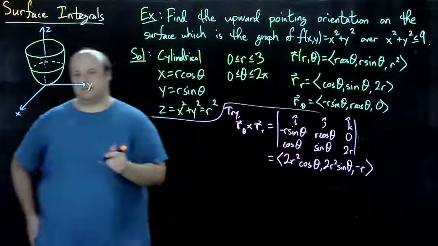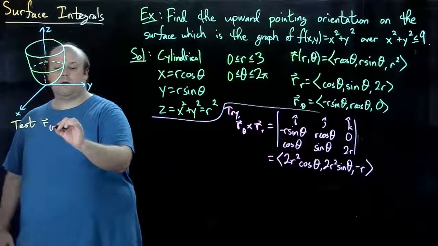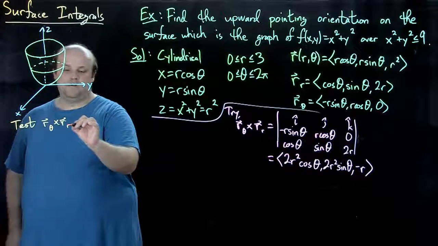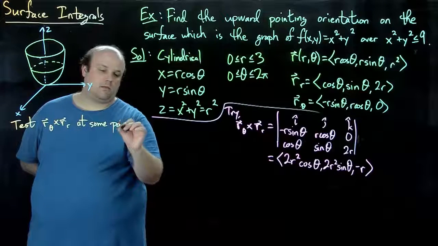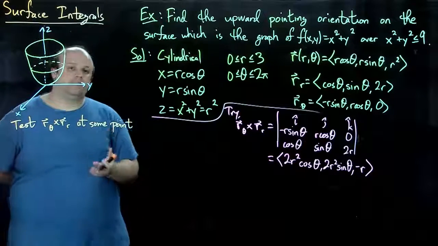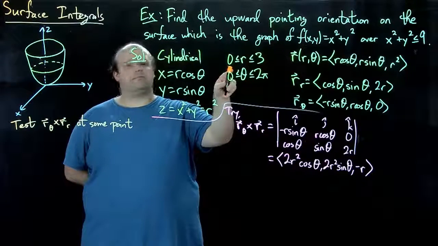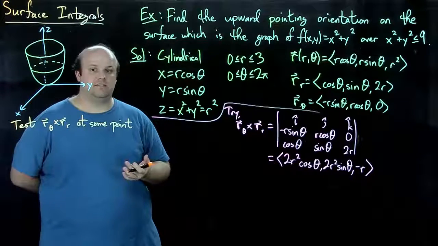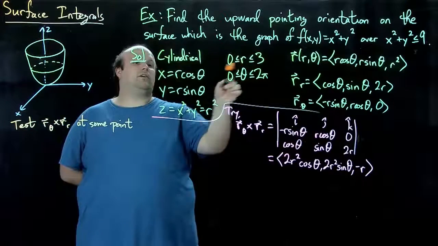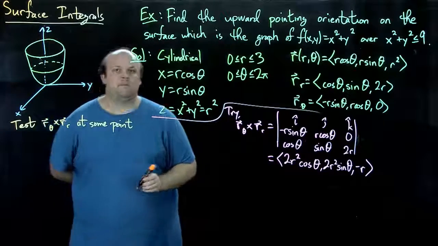Right? So test r theta cross r at some point. Now, something to keep in mind here is when r equals 0, we kind of have a bad point in some sense. Because when r is 0, it doesn't matter what theta is, we always get the same point.